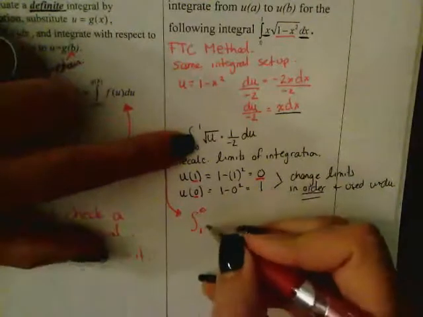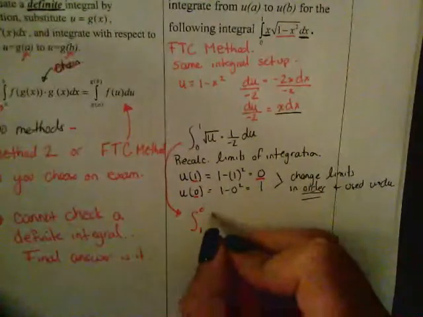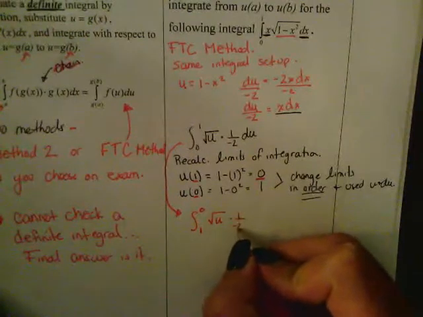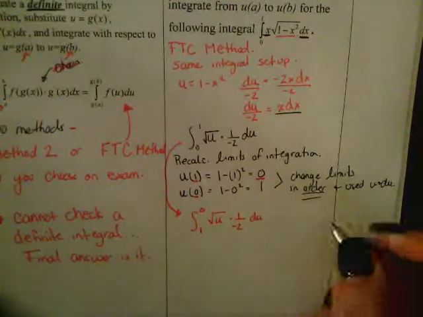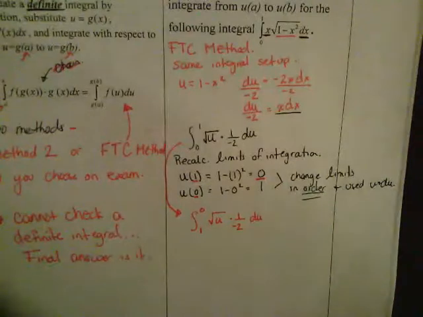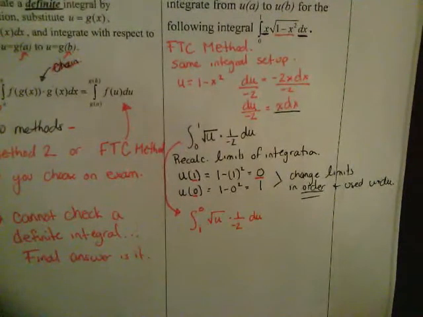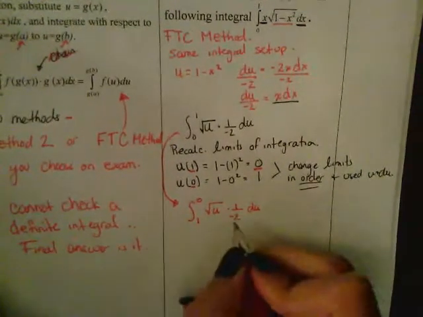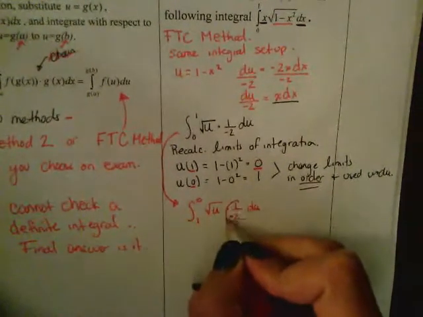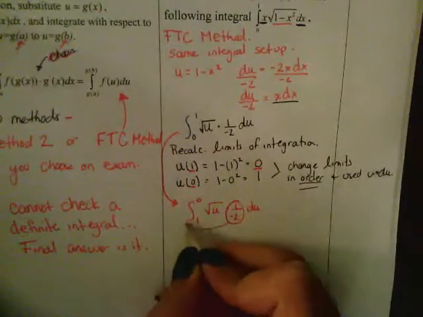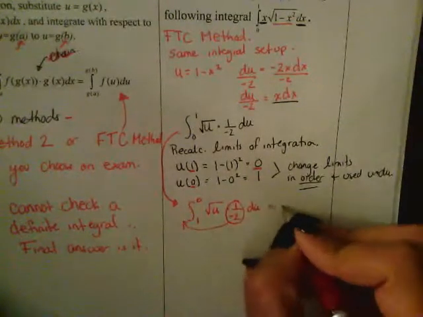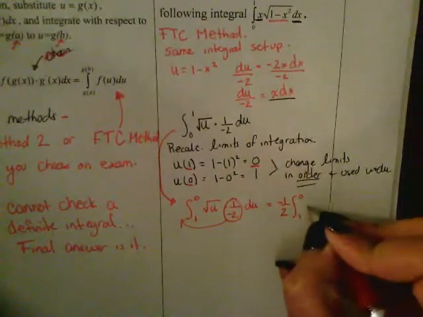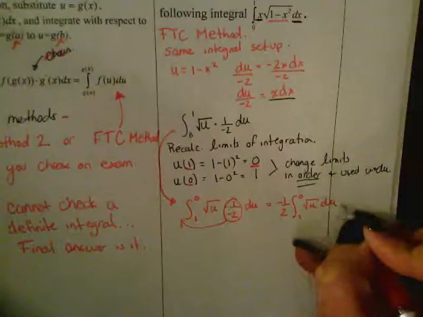By doing this, all I have to do is integrate square root of u times 1 over negative 2 du. I don't have to go back and substitute in whatever u was. So let's continue integrating this. I'll take my negative 1/2 and bring it out. This becomes negative 1/2 of the integral from 1 to 0 of square root of u du.